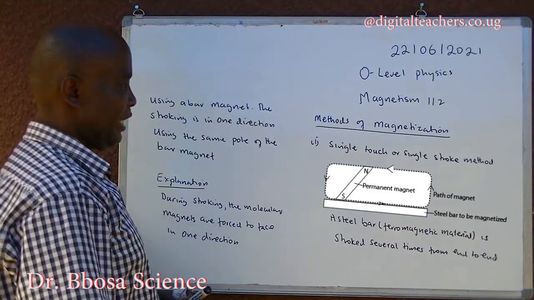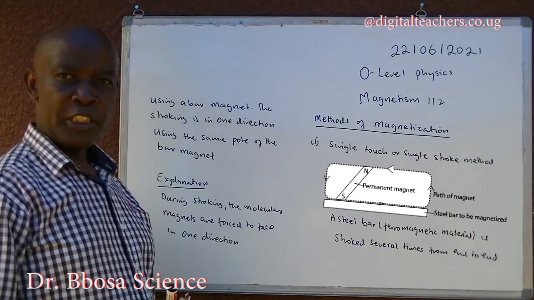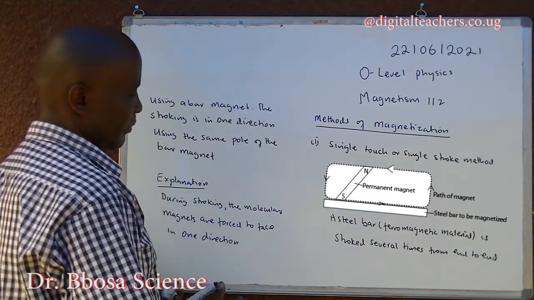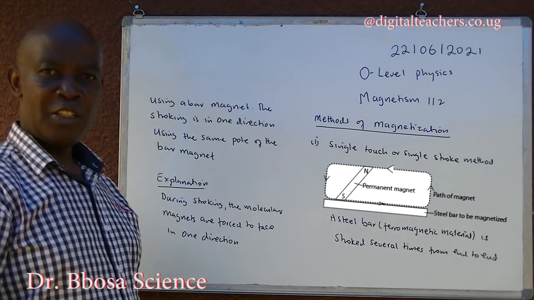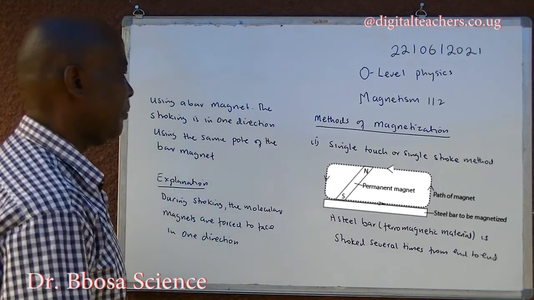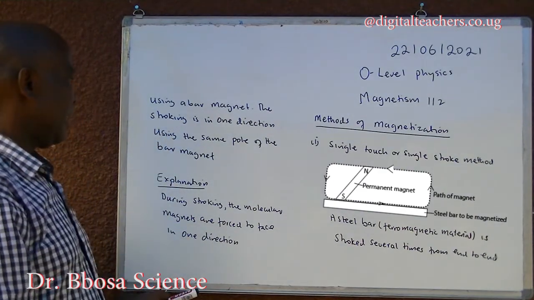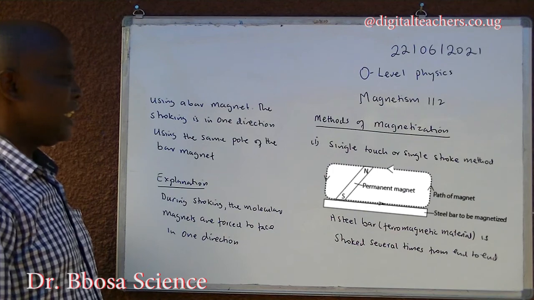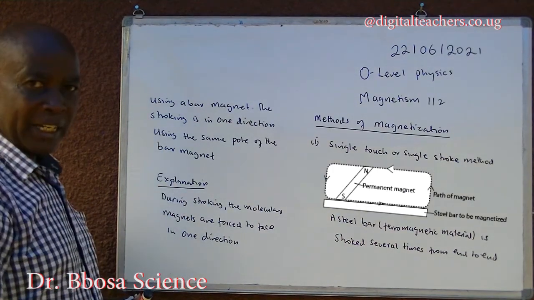Methods of magnetization: 1. Single touch or single stroke method. A steel bar or ferromagnetic material is stroked several times from end to end using a bar magnet. Stroking is in one direction using the same pole of the bar magnet.